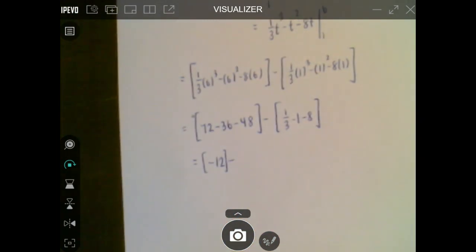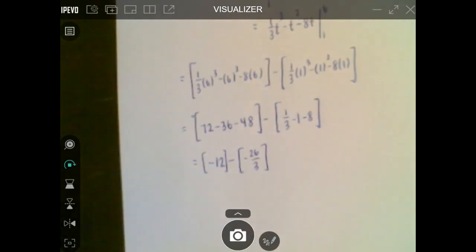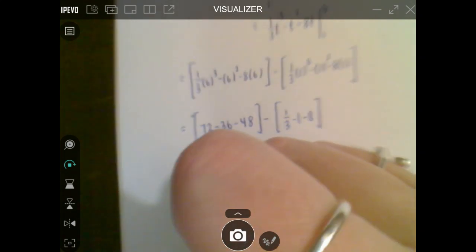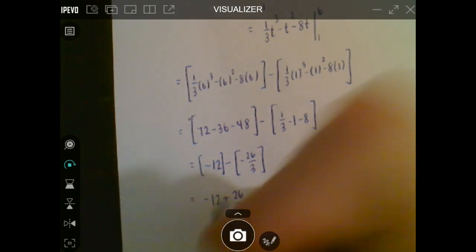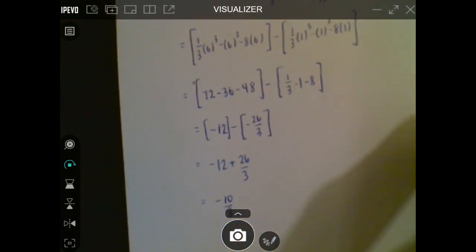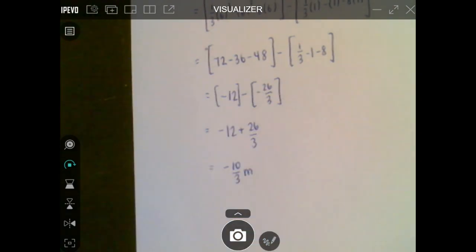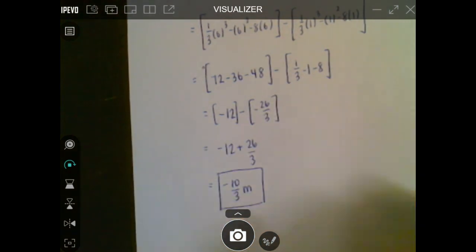And I'm subtracting from that 1/3 minus 1 minus 8, which is -26 thirds. So I'm really taking -12 and adding 26 thirds to it, which gives us a displacement of -10 thirds. And my units should be whatever units of distance I'm given, so -10 thirds meters.